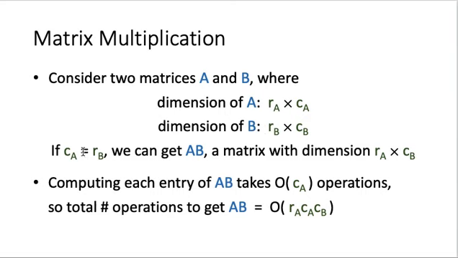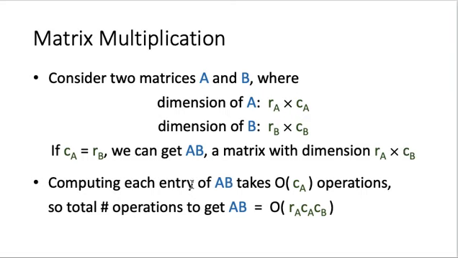Here, we assume that CA, the number of columns in A, is equal to RB, the number of rows in B. Now, if this happens, then we can multiply the two matrices A, B to get AB. And this resulting matrix will have dimension RA times CB.